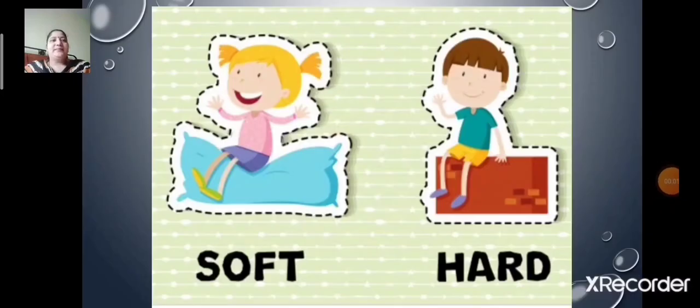Next, soft, hard. This girl is sitting on a soft pillow and this boy is sitting on a hard wall. S-O-F-T, soft, and H-A-R-D, hard, are opposite to each other.